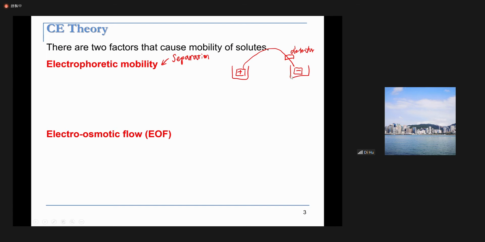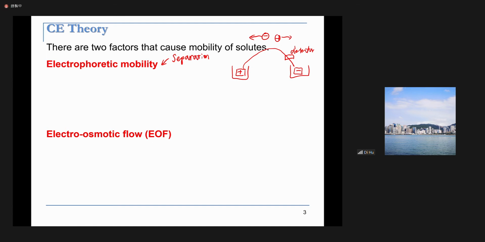Cations, right? So the cations will be attracted to this end; they are pulled to the cathode. And how about the anions? The anions will be attracted to this side, by the anode.